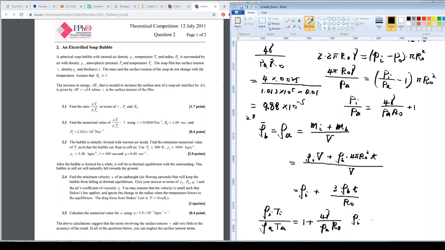Therefore, rho I is, well, I think it would be easier to solve for rho I first and then just plug in everything else into the second equation. So solve for the necessary rho I, which is rho A minus 3 rho BT over R naught, and then plug that into the first relationship.